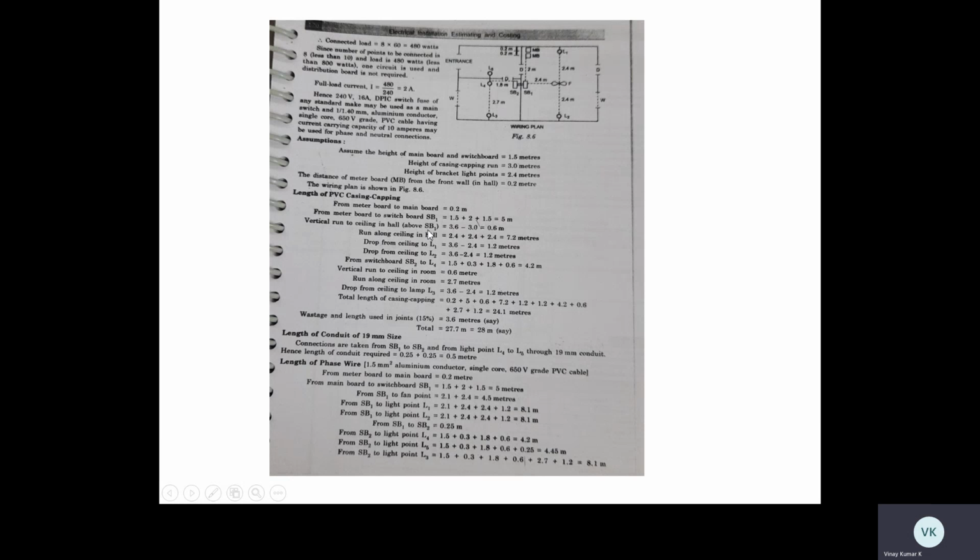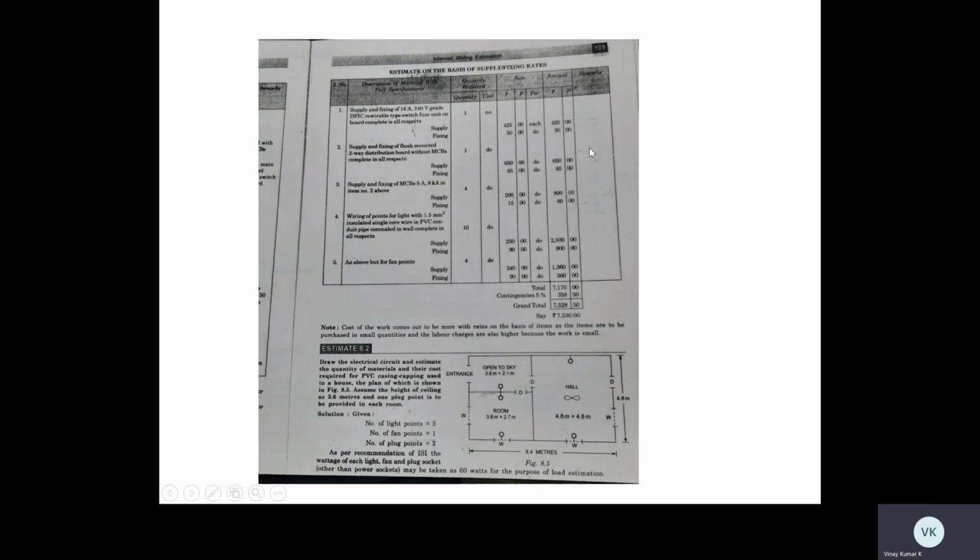And the vertical run at the ceiling in the hall: this is the hall, the ceiling run. It is 3.6 meters minus 3 meters. He has made the assumption that this is 3.6 meters, the height of the roof.